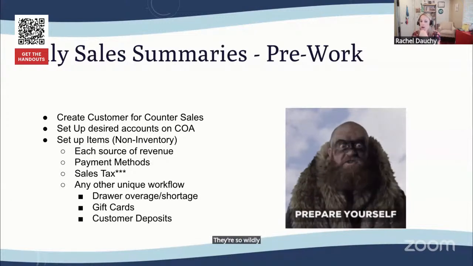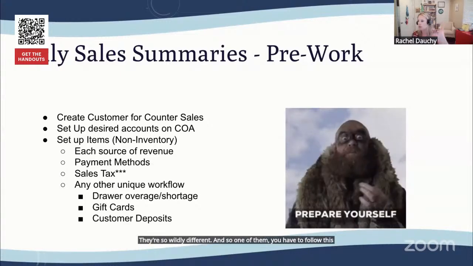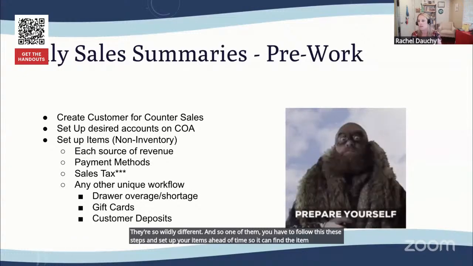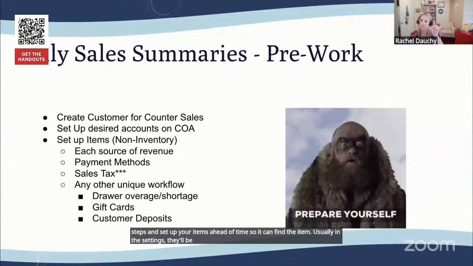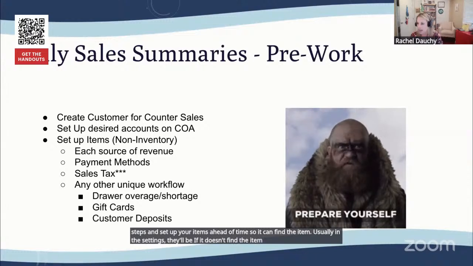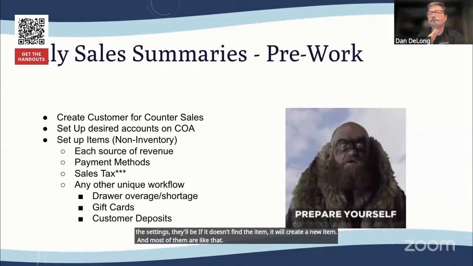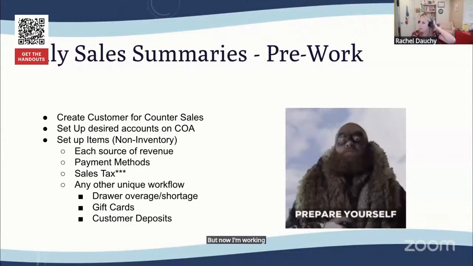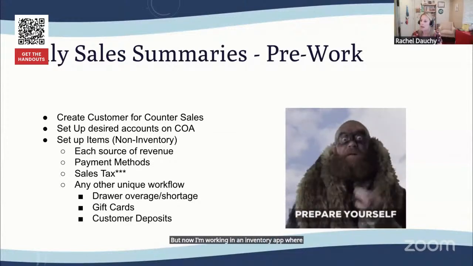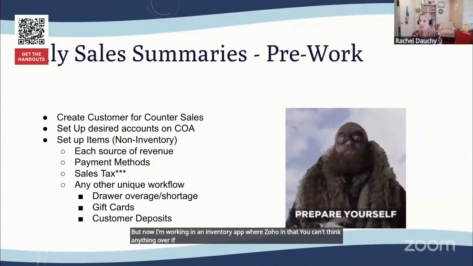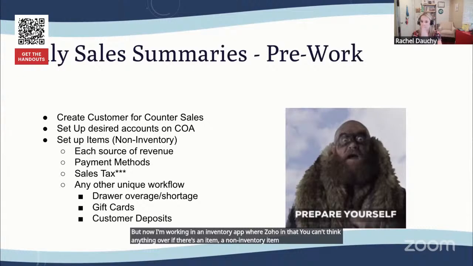With one of them, you follow these steps and set up your items ahead of time so it can find the item. Usually in the settings, if it doesn't find the item, it will create a new item, and most of them are like that. But now I'm working in an inventory app, Zoho, where you can't sync anything over if there's a non-inventory item. It's got to be all no items.